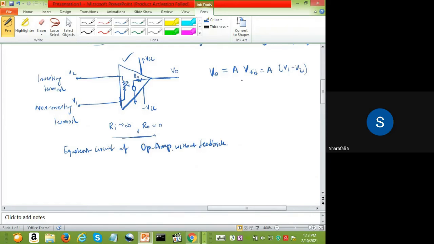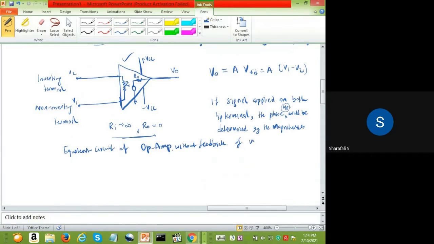So the output phase depends on it if you are connecting both terminals. If a signal is applied to both input terminals, the phase of the output signal will be determined by the magnitudes of V1 and V2.